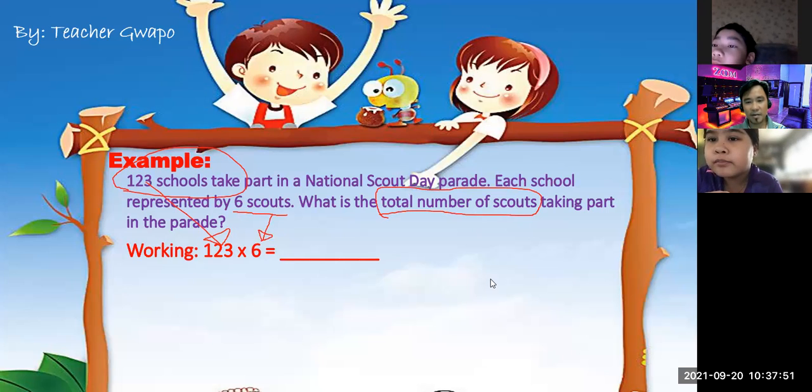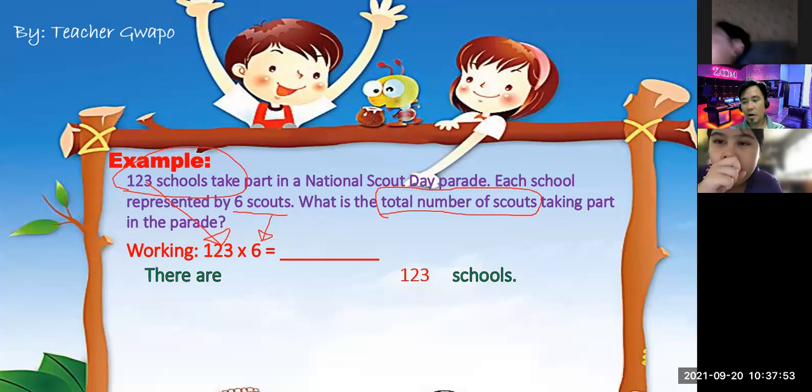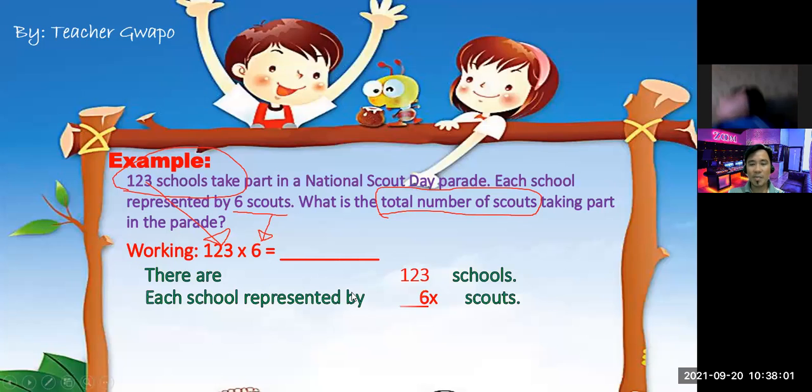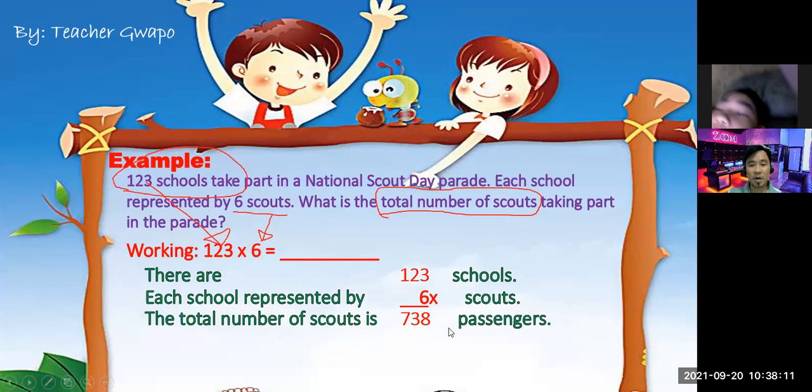As you can see there in your book, there are 123 schools, right? How many schools? 123. And how many representatives in each school? There are 6 representatives, 6 scouts. Now, the total number of scouts, if we multiply, is 738 scouts.